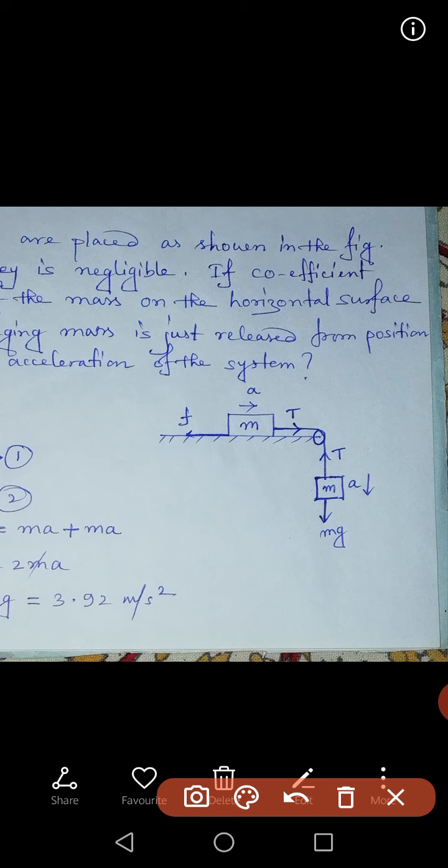So the tensions will be different. But in our case the whole string is attached between two common masses, so the tension at this part and at this part will be the same. But remember, the direction of tension is always away from the object. If this is the object, this is the direction of tension. If this is the object, then this is the direction of tension, which I have already drawn here with arrows.